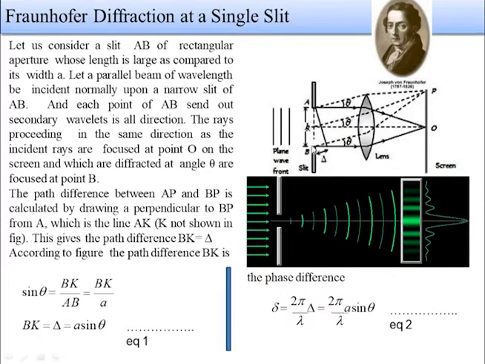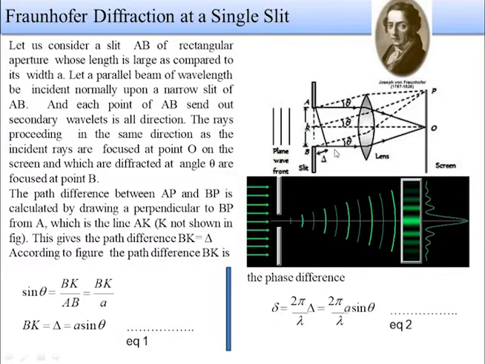Now we can assume a triangle ABK, with AB, AK and BK as the sides. In this triangle the angle is theta, so sine theta is equal to opposite by hypotenuse.